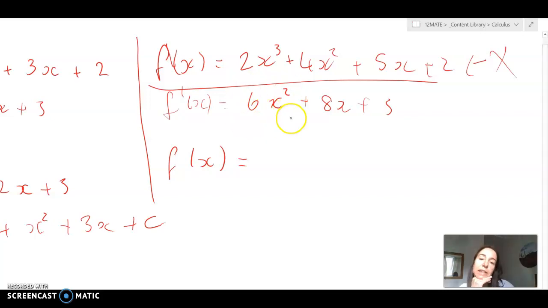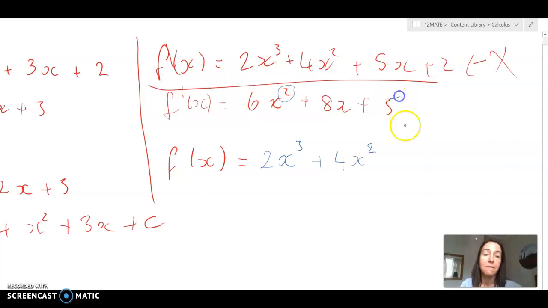If I look at this over here, this bit is a big clue because I know it always went down 1 power. So this would have been x to the 3, and then I would have multiplied 3 forward and got 6, so it must have been a 2. Then for this one, the x would have been a 2, and I would have multiplied 2 down and got an 8, so there must have been a 4 in there already.